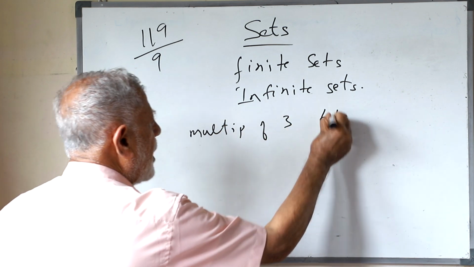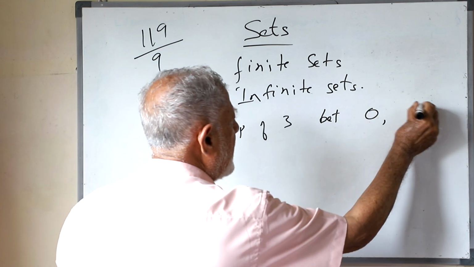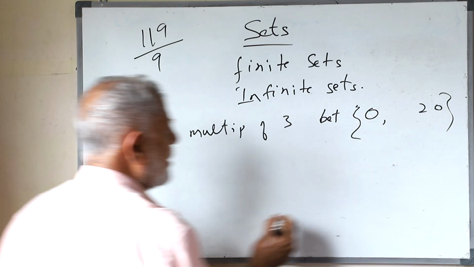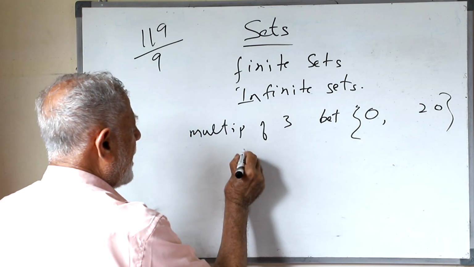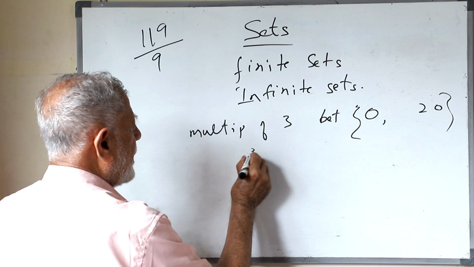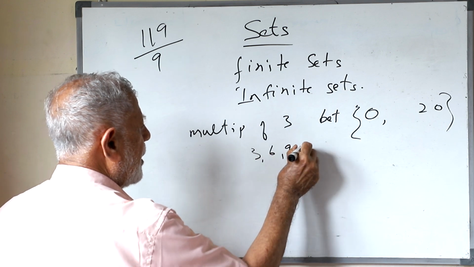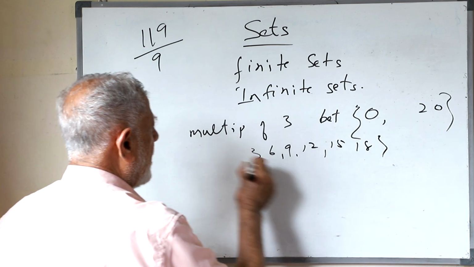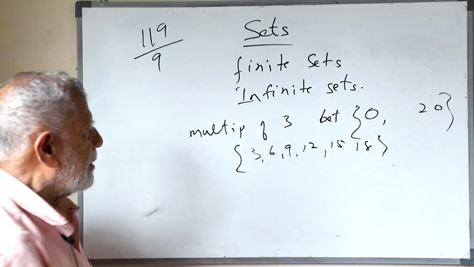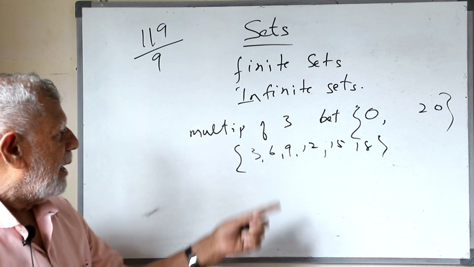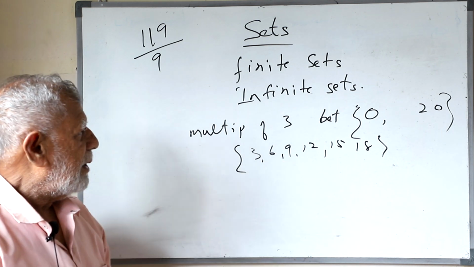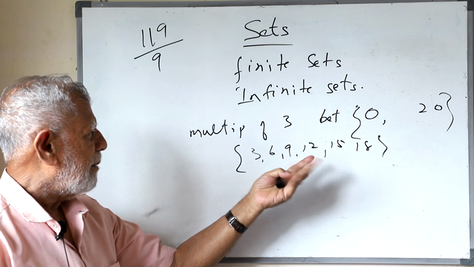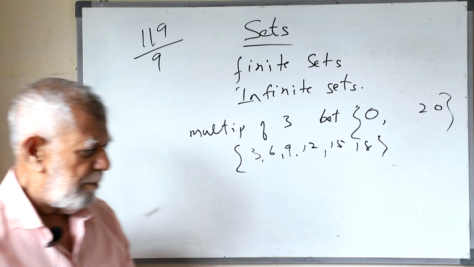Definitely we can tell the multiples of 3 between 0 and 20 as 3, 6, 9, 12, 15, 18, that's all. So this is finite. We don't go beyond that. We can't get any other number. 4 is not a multiple. So this is a finite set.